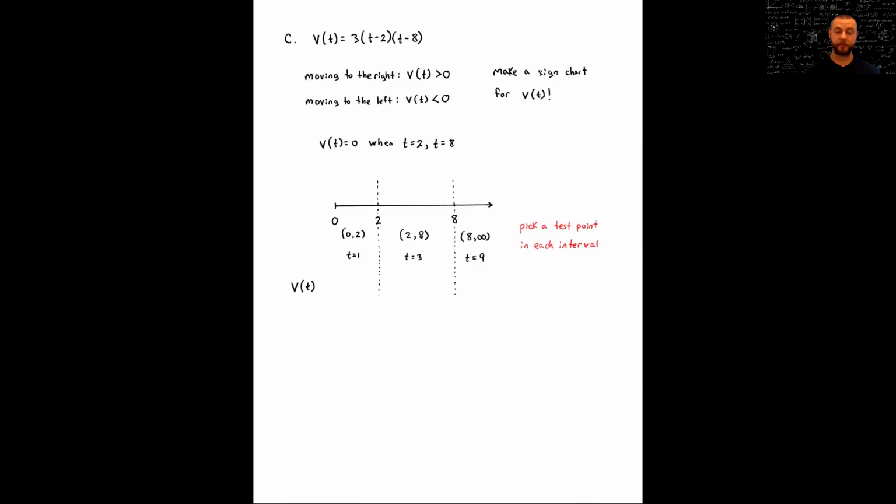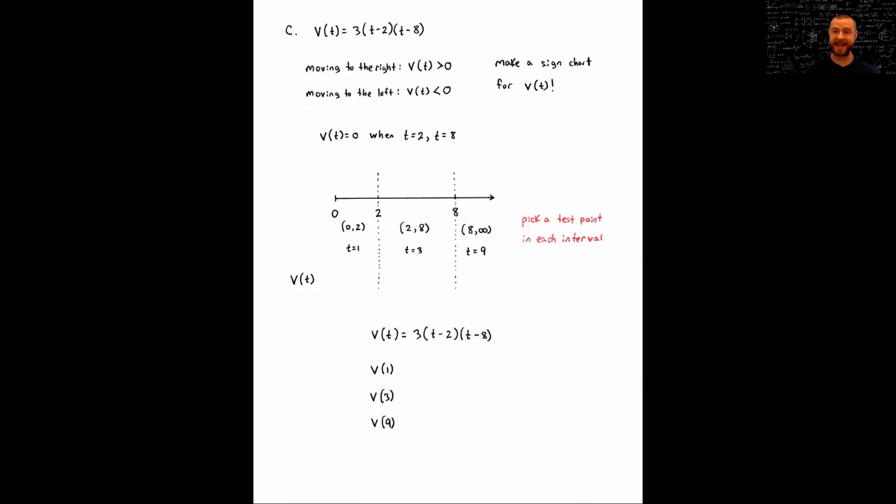So let's do that. We could pick any values for time in those intervals. Ideally, you pick small positive integers if possible. So we chose t equals 1 for the interval 0 to 2, t equals 3 for the interval 2 to 8, but you could use t equals 4, t equals 5. You could use any value for time in those intervals for your test points. And for the last interval, from 8 to infinity, we're going to choose t equals 9.